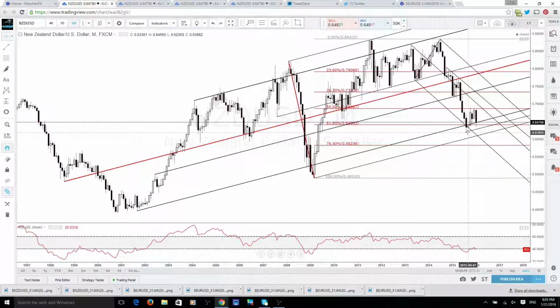Just because it touched twice doesn't mean it's a trend line. If a trend line is just drawn between 2 points, that's not really a trend line. Yes, I'm very well aware of that, but at the moment when I drew this trend line, I didn't know it was going to be some kind of support here or here.